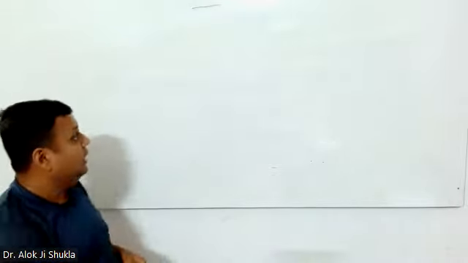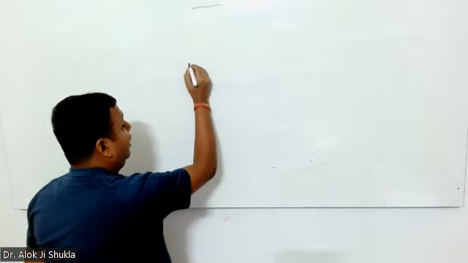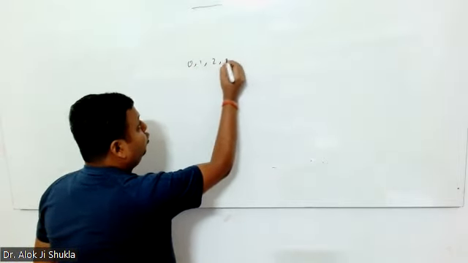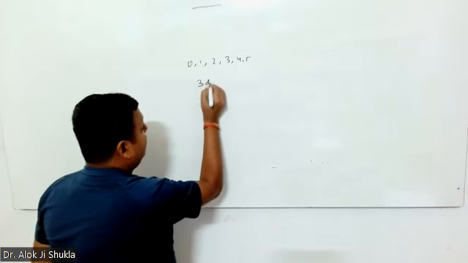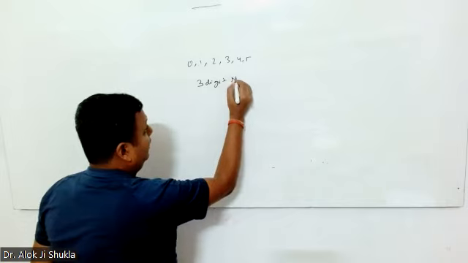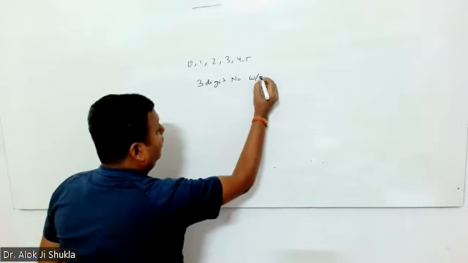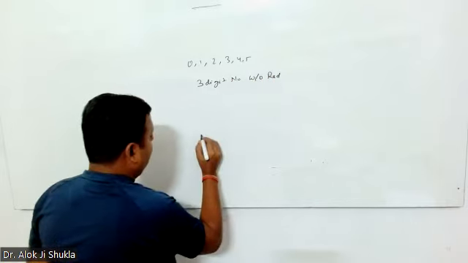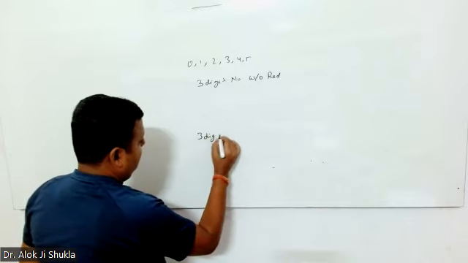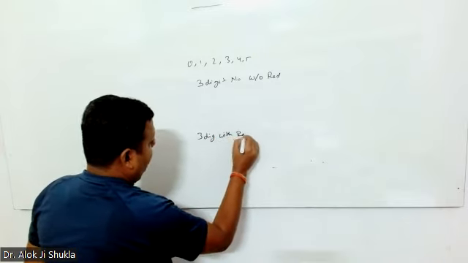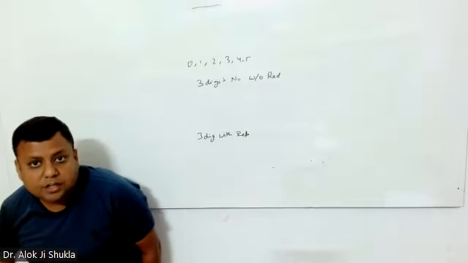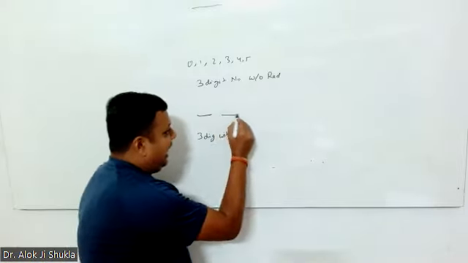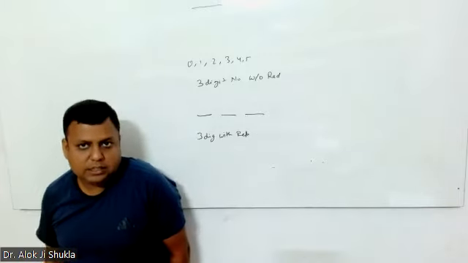The first thing is, I have 0, 1, 2, 3, 4, 5, and I have to make a 3-digit number without repetition, and then a 3-digit number with repetition. So when I'm making a 3-digit number without repetition, dash, dash, dash, write these 3 digits.